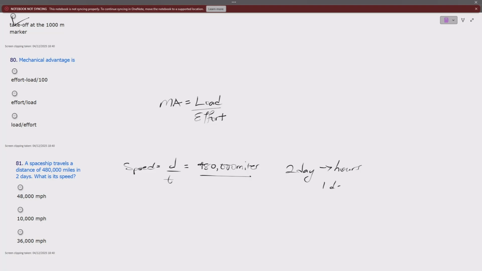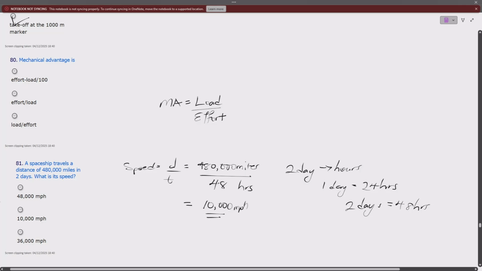If you have 1 day equals 24 hours, 2 days will be 48 hours. So time is 48 hours. When you divide 480,000 miles by 48 hours, you're going to get 10,000 miles per hour.